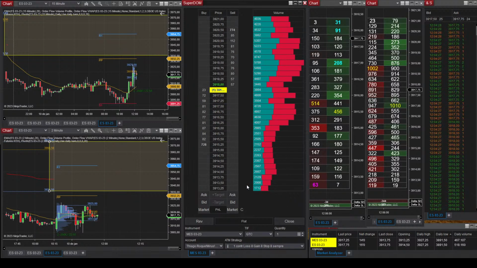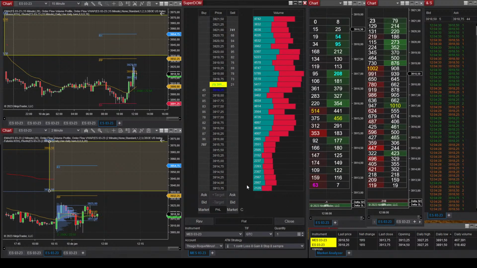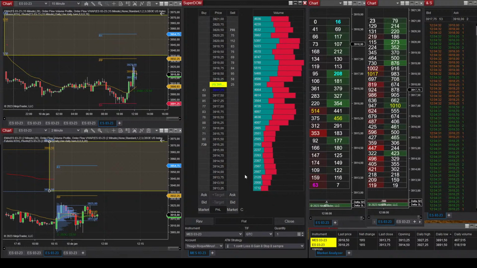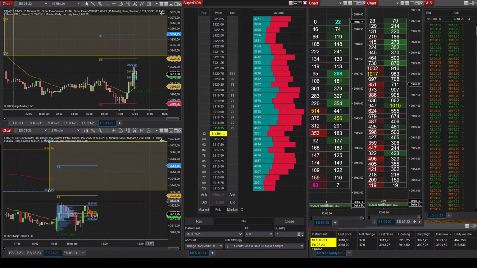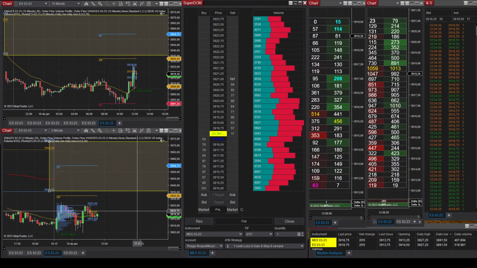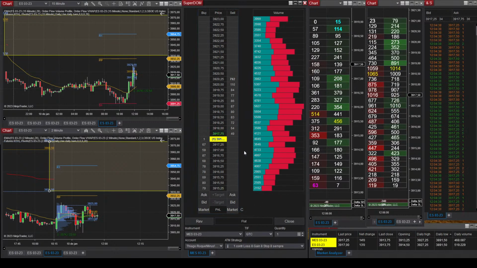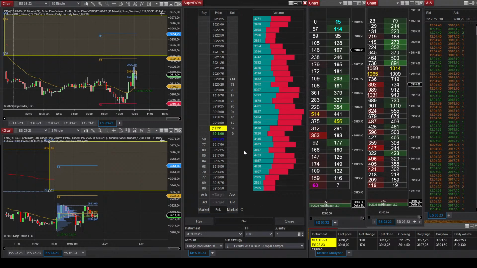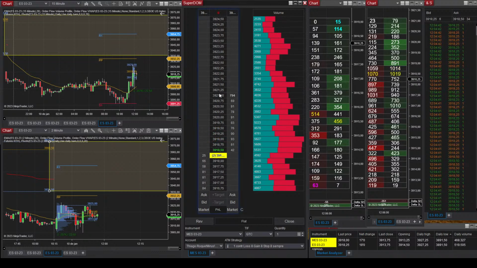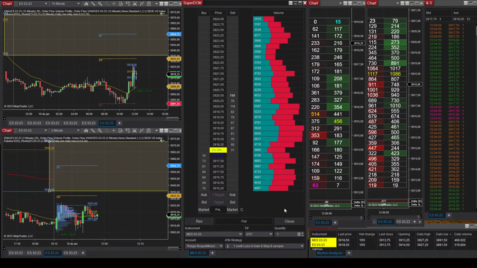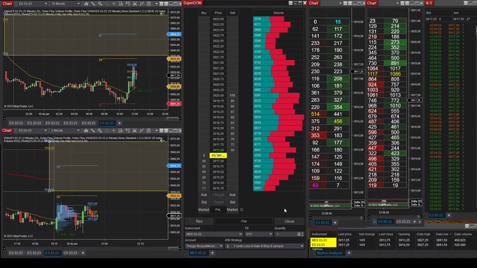Let's see how far it's going to go. Let's see if this time it's going to be able to overcome the 20 here. Point of control remains at 39.19. Let's see if it overcomes 20, or if it reaches at least 22 here to show some strength.